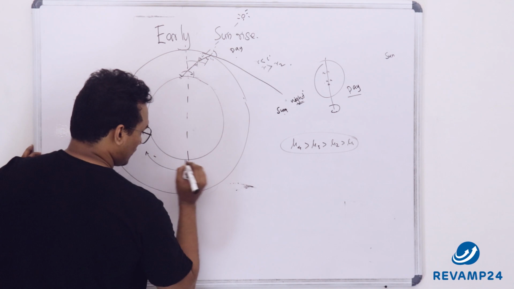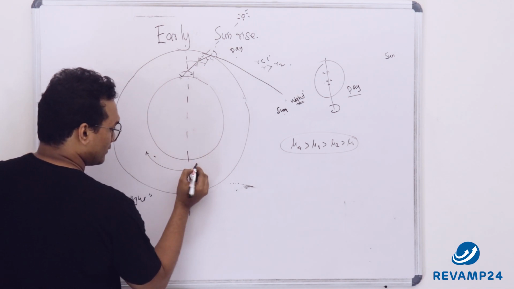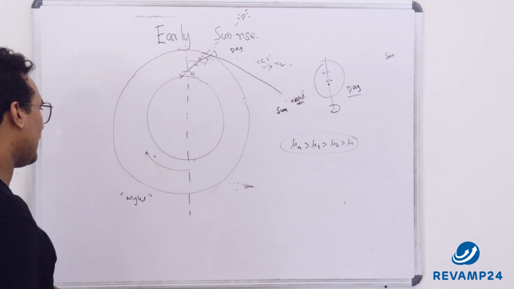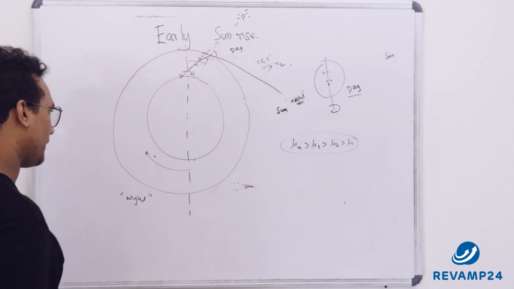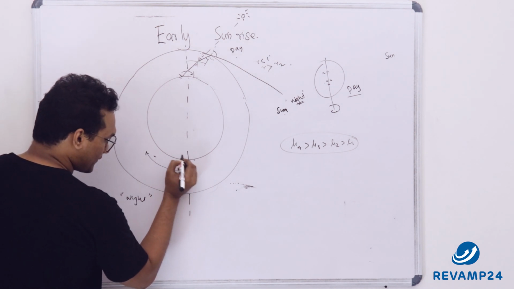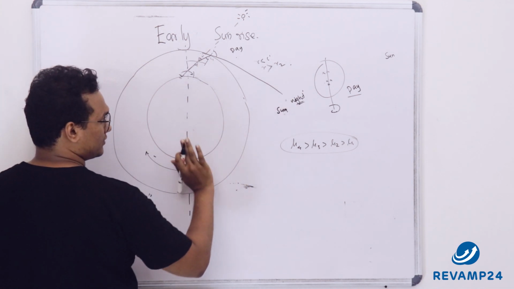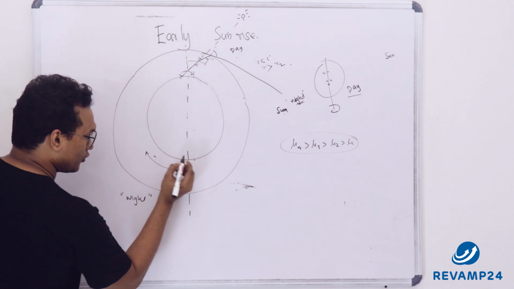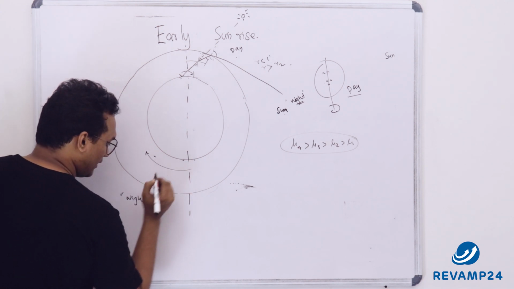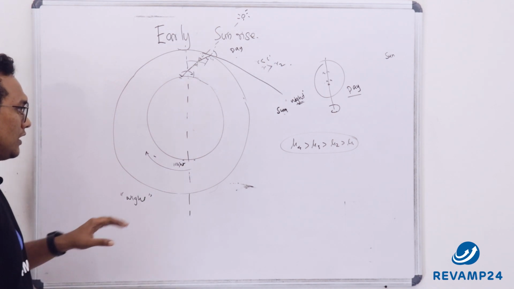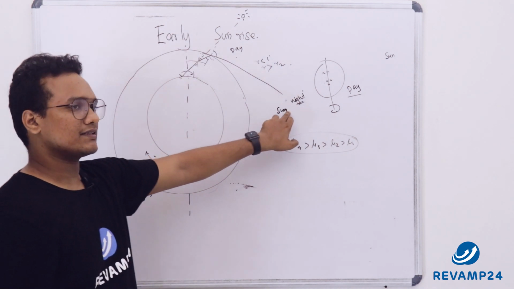Similarly, now sunset. Earth is being rotated in this way. This point is currently having daytime, because it is exposed to the sun. After a few minutes it will come here, and that is going to experience night time, because now it is not facing the sun.